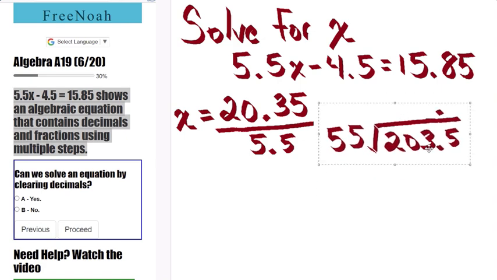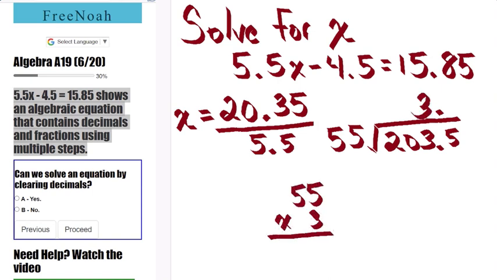Let's go with 3. 55 times 3 is 165. If you notice here, 5 times 3 is 15. 5 times 3 again, plus 1 is 16. That gives us a product of 165.